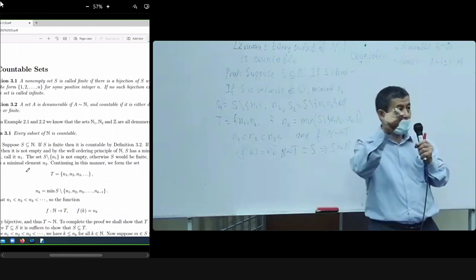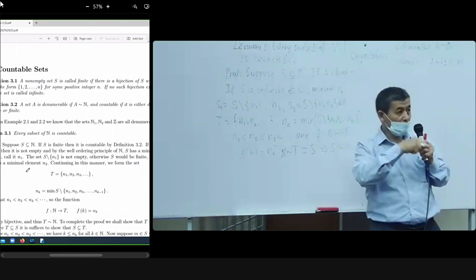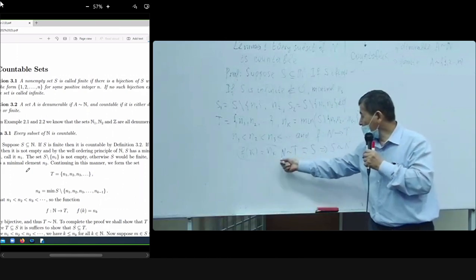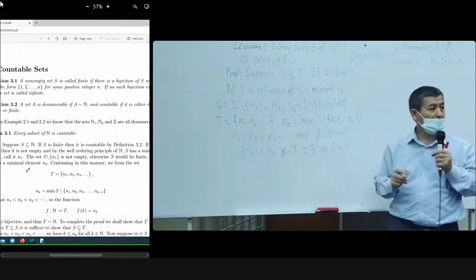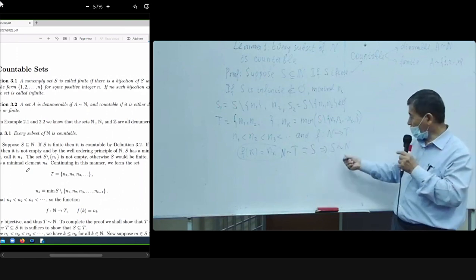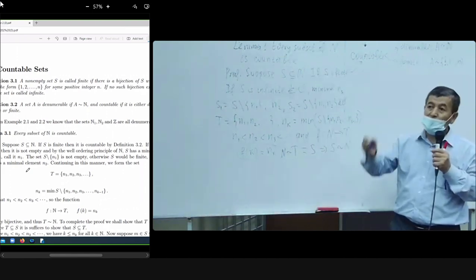If A is equivalent to B, and B is equivalent to C, then A is equivalent to C. So T is equivalent to N, and S must be equivalent to N.